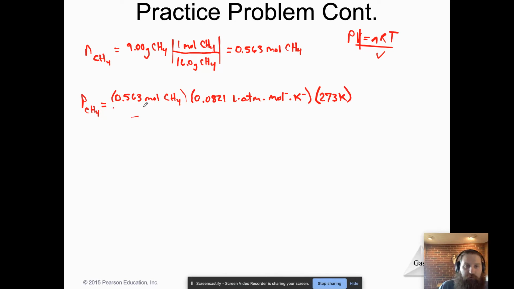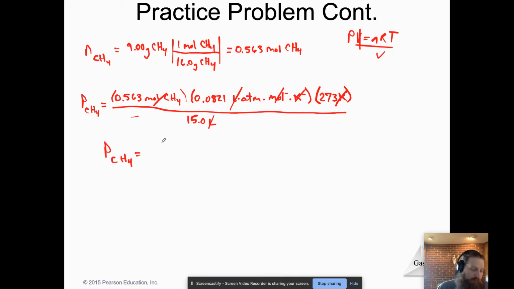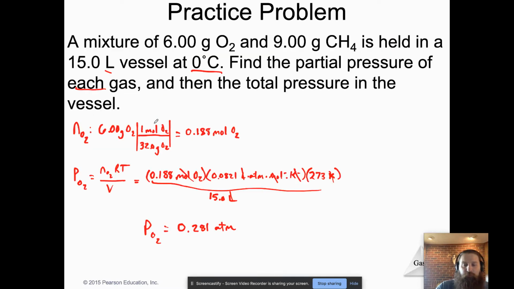Because I still have 0 degrees Celsius. It's still 15.0 liters. Liters cancels, moles cancels, Kelvin cancels. I'm left with atmospheres. So PCH4, when I run my math problem, gives me 0.841 atmospheres.